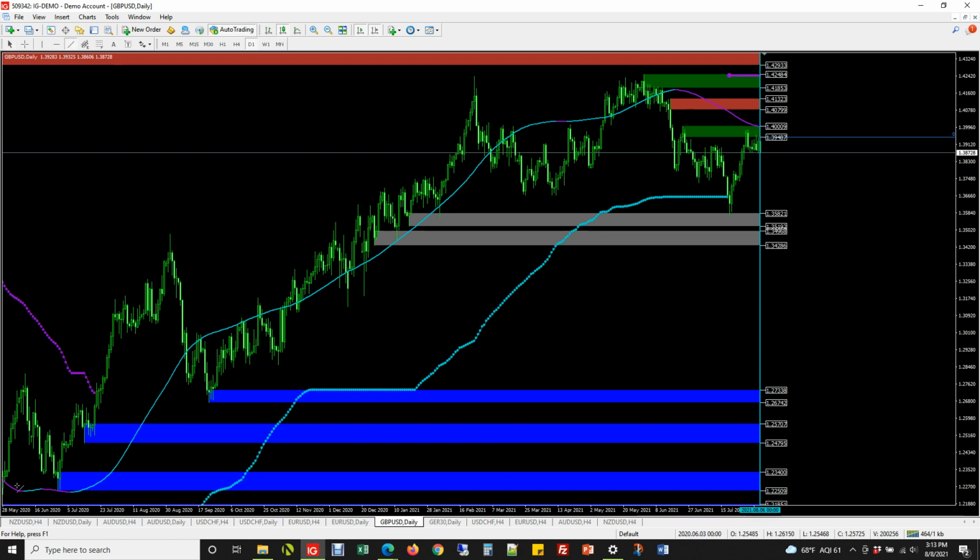If we draw in a trend line, that's a pretty solid trend line right there. And even from previous high.